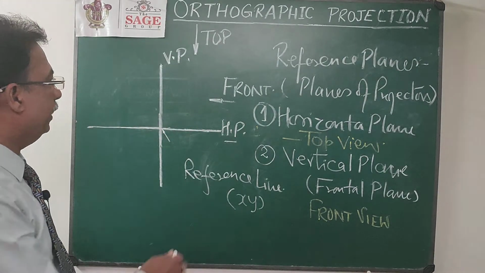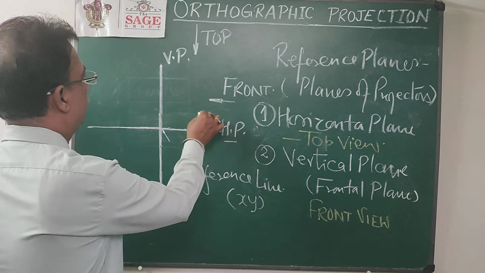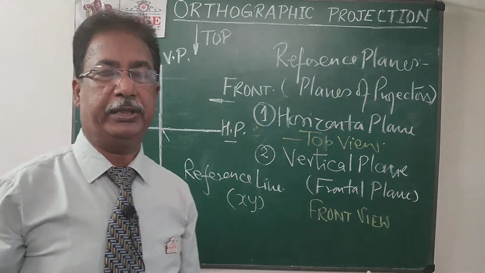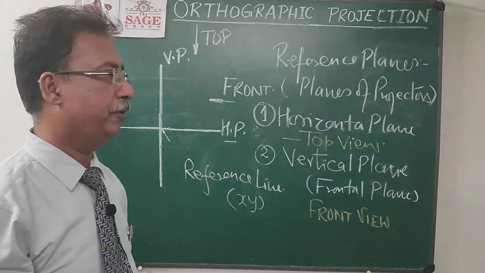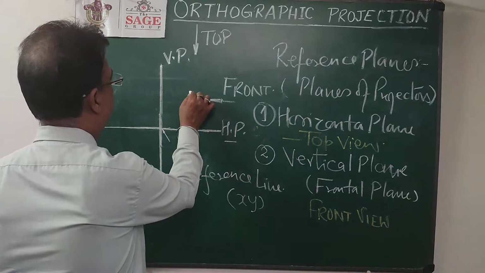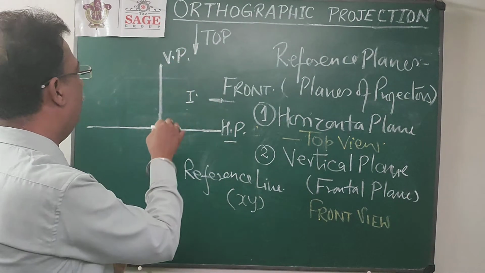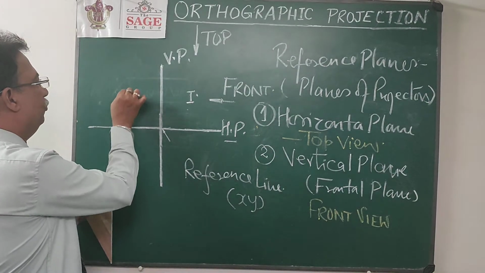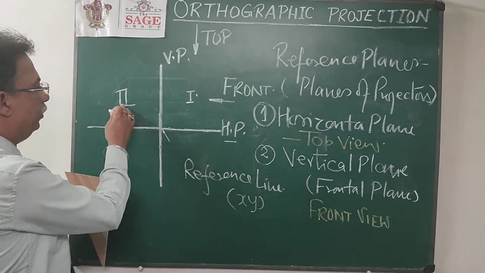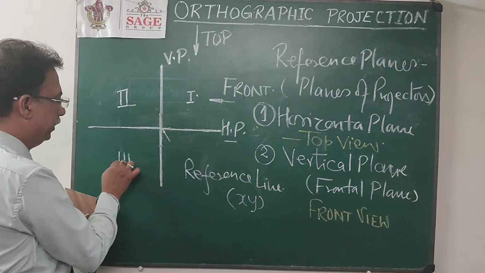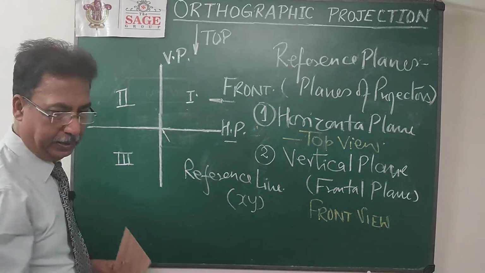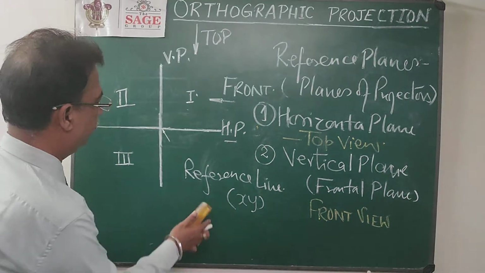So now if I look at this quadrant system, this position where I am stationed right now, and where you as the observer are also, will be known as the first quadrant. Now behind this wall, that is the second quadrant. Below that will be the third quadrant, and below our quadrant will be quadrant number 4.